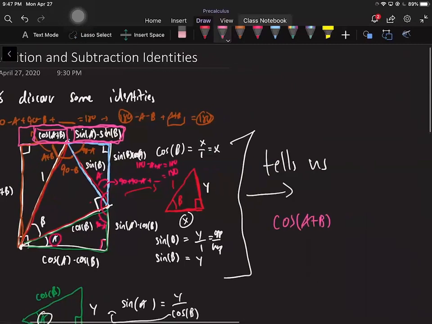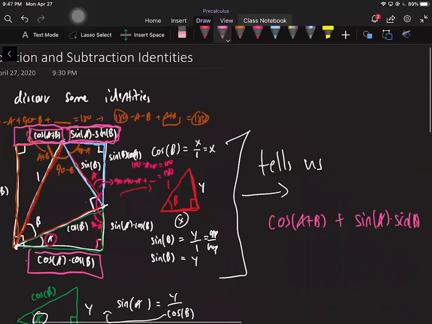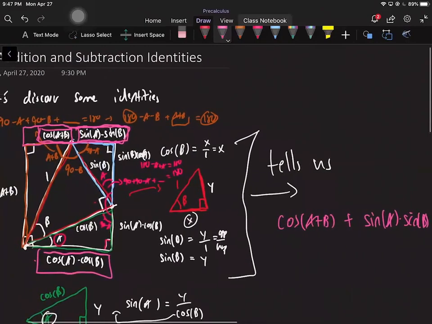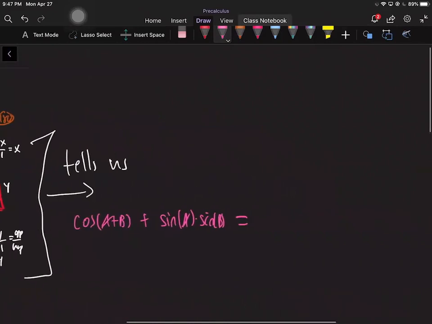So if I take that piece and I add this other piece, sine alpha times sine beta, that should equal the opposite side, because it's a rectangle, so the opposite sides are the same length. So if I add those two things together, I should end up with cosine alpha times cosine beta.